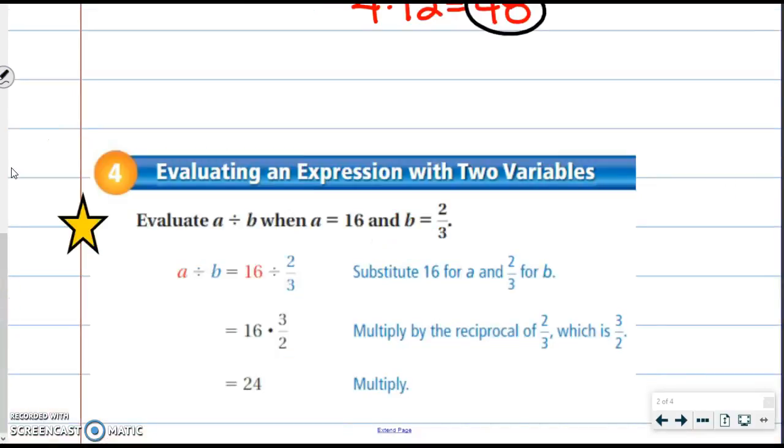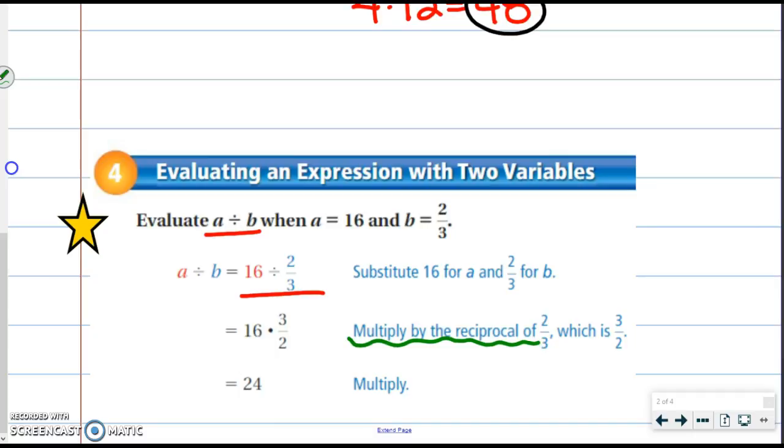All right, so here, this one's going to get a little tricky because we have 2 variables separated by a division sign. So A is going to equal 16, and B is going to equal 2/3. And since we know how to divide fractions, we should be able to plug 16 in for A and 2/3 in for B, and then solve 16 divided by 2/3. Now, going back to what I remember, I need to multiply by the reciprocal.